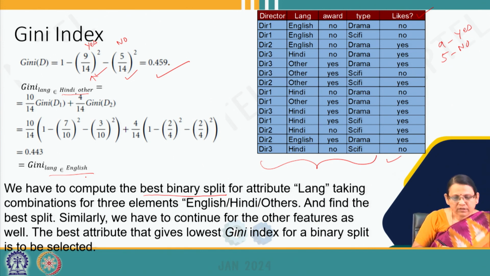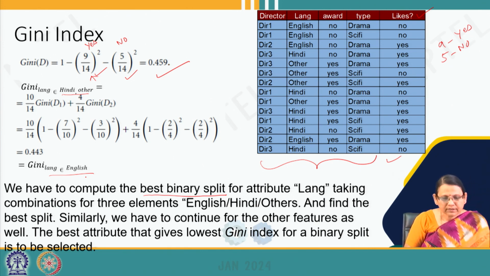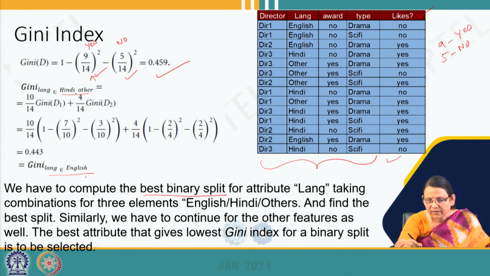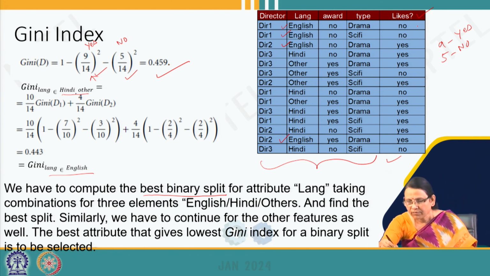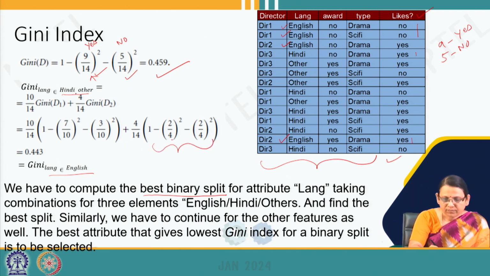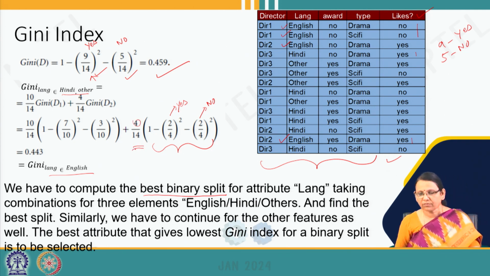how do we compute the Gini value for this particular split? How many English are here? There are 4 English, 1, 2, 3 and 4. Out of these 4, we have 2 no's and 2 yes's. So, this part is 2 by 4 for yes, 2 by 4 for no, and total 4 out of the 14 data points.